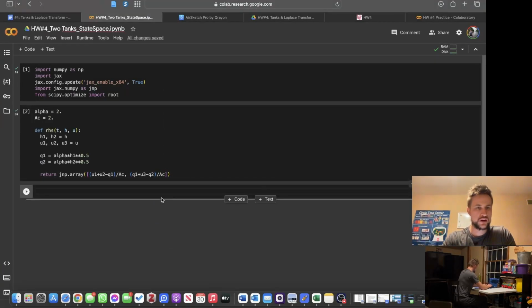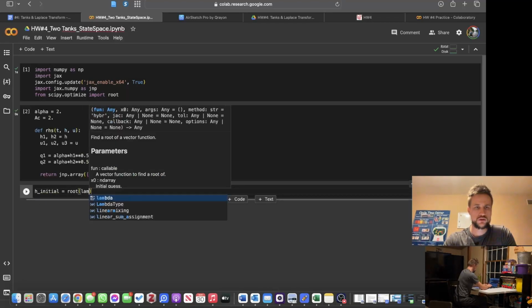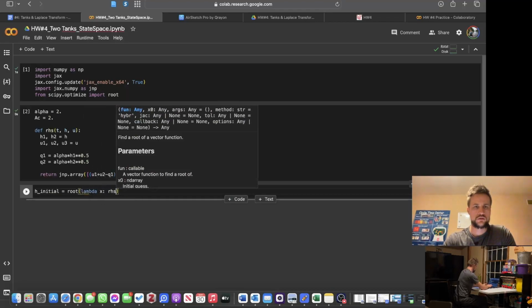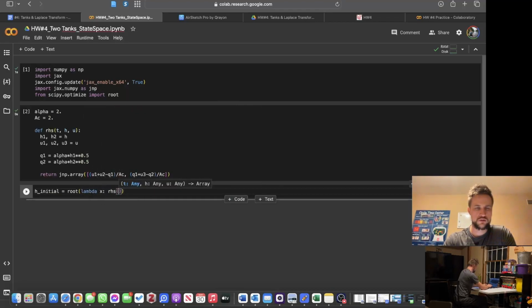So we want to do the root solver here because we want to figure out what are the initial fluid heights in both tanks. So we're going to call this variable h initial, and we're going to do our root using our lambda tool. And it's regarding our right-hand equation that we just defined above. Well, time, it's not with respect to time, it's just regardless of any time. It's at steady state conditions here.